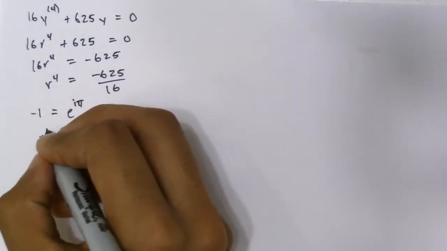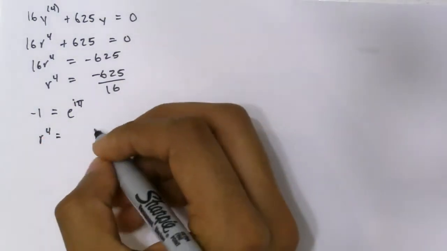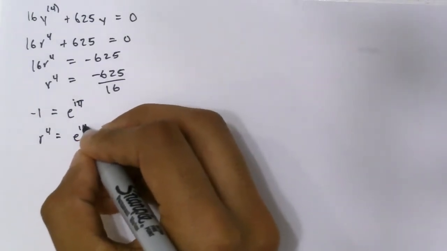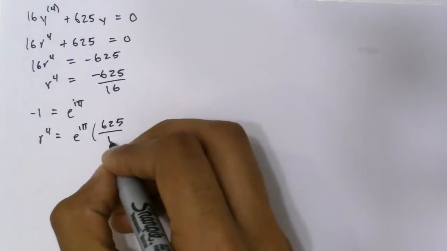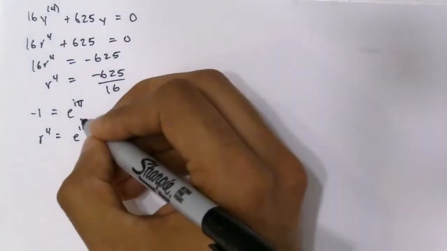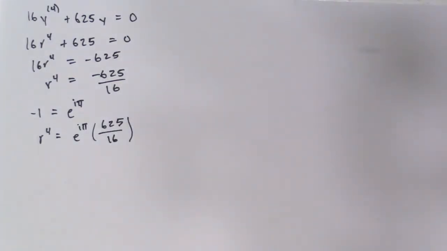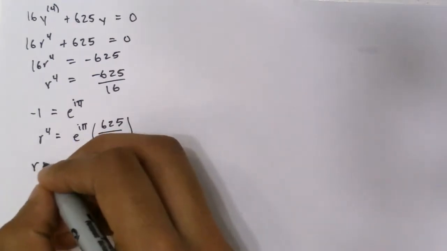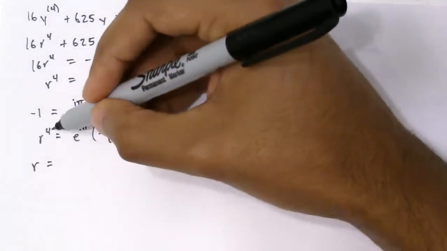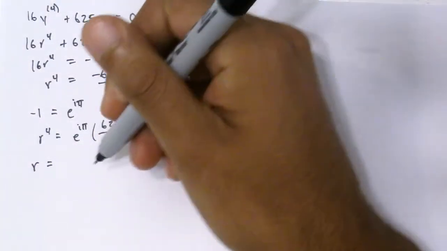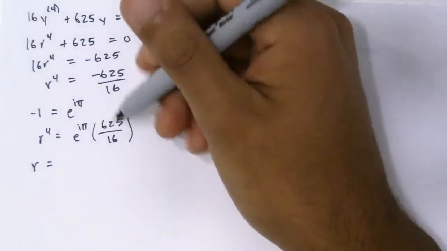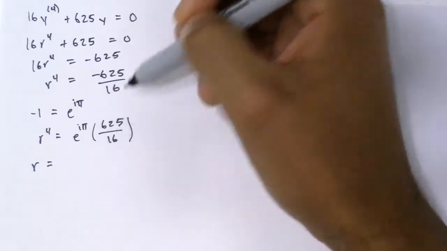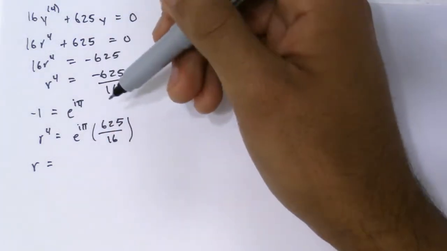So r to the fourth equals e to the i pi times 625 over 16. Now we could take the fourth root of this. So we do r. Since this is the fourth root and it's a positive exponent, we have to include the plus or minus because we don't know what term multiplies to get this number or this number.